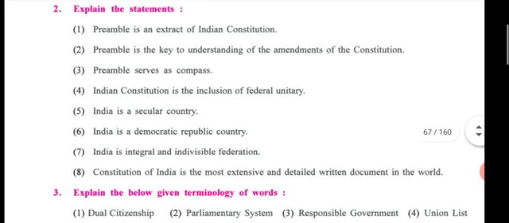Question number 3 and question number 7, explain the statement. Question number 3, Preamble serves as a compass, and India is an integral and indivisible federation. These two statements are not that important. That's why you do not need to write them in your fair note. But that doesn't mean that this type of question will not come in your paper. That is relaxation for the fair note only.